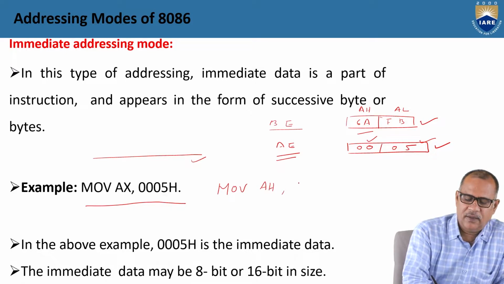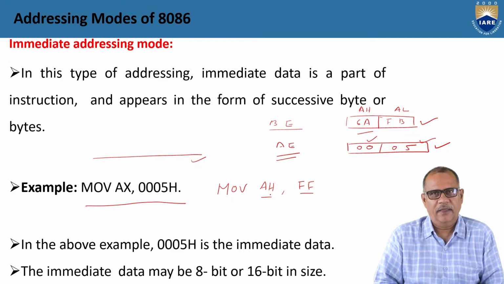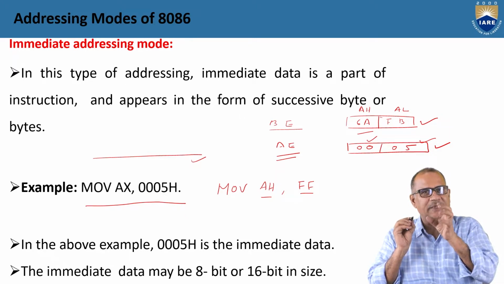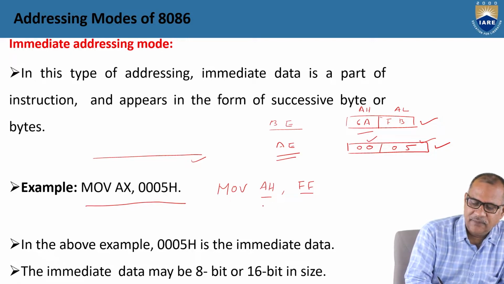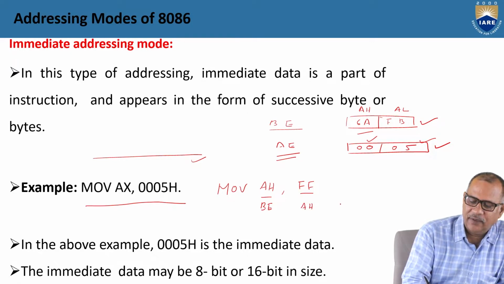Suppose you write MOV AH, FF. Here FF is the immediate data and AH is the register. This register is an 8-bit register, so you have to put only 8-bit immediate data in the instruction. In this case, before execution, let us say the contents of AH are 8A.